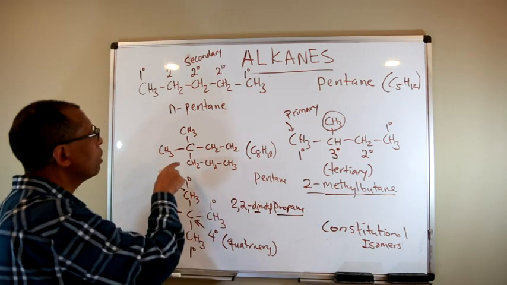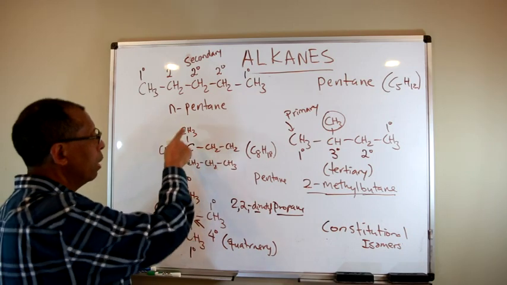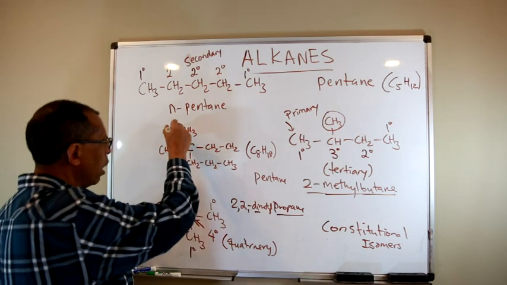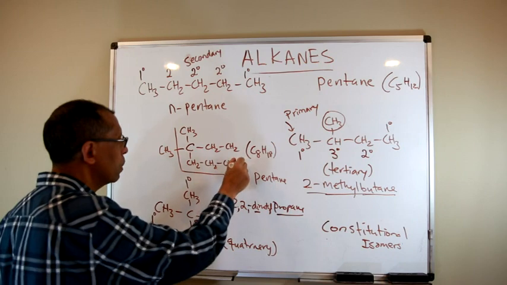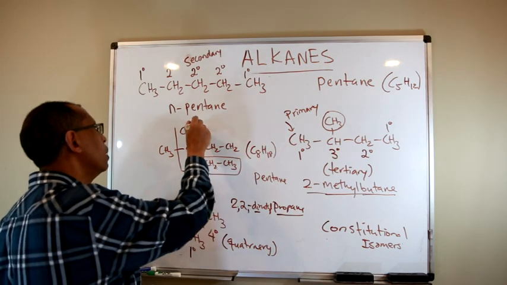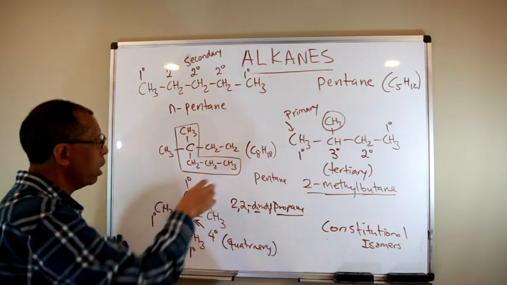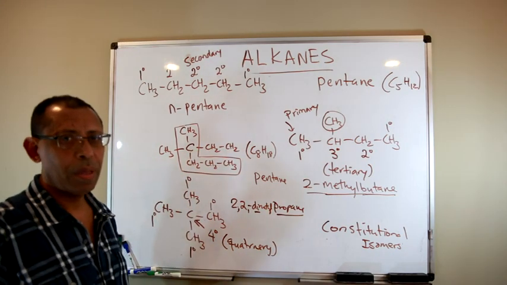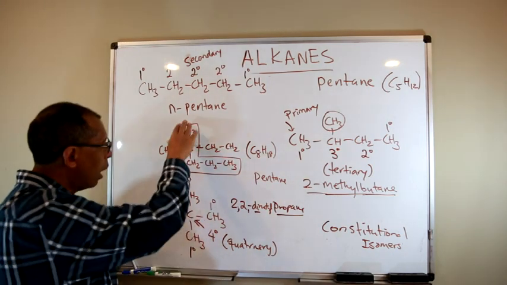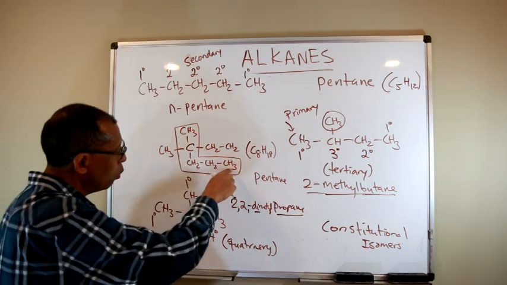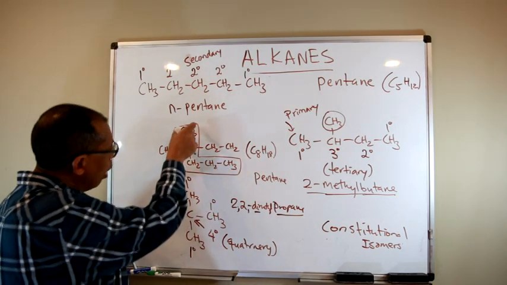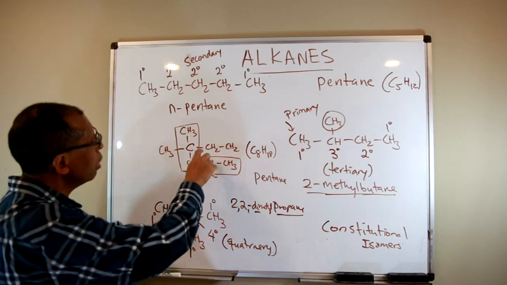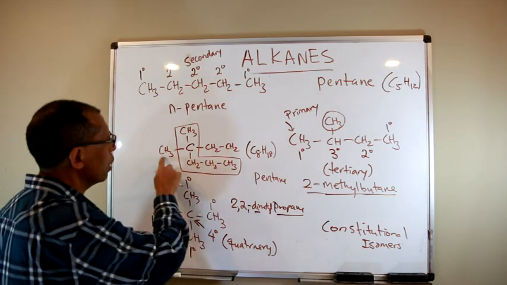But in the long chain of this, if you just take this as the chain, there are 2 substituents remaining. This is how you do it. You first outline the longest chain like this, and then you are left with these 2 things.